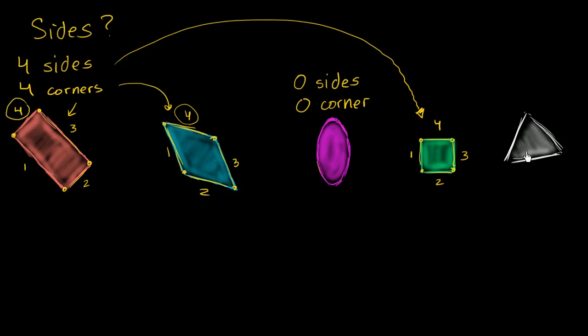And actually, this last shape right over here doesn't seem to have 4 sides or 4 corners. If we count them, we have 1 side, 2 sides, and 3 sides. So this one has 3 sides. And if we count the corners, we have 1 corner, 2 corners, and 3 corners.